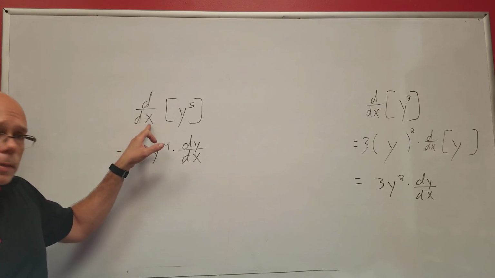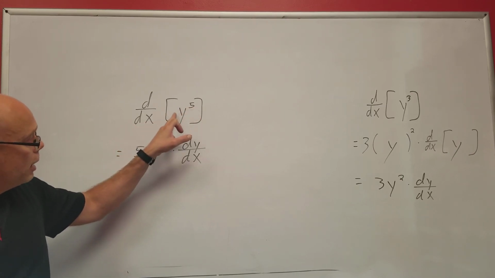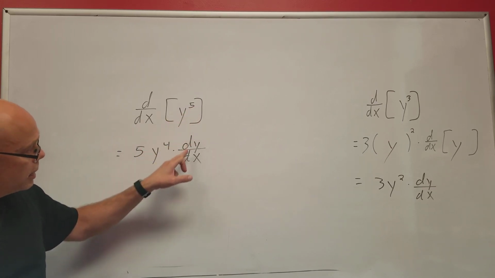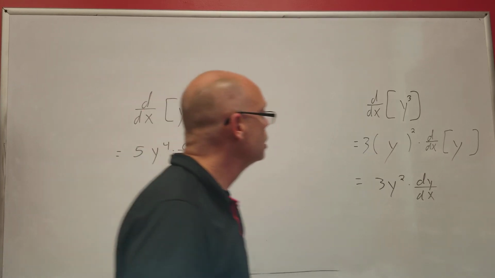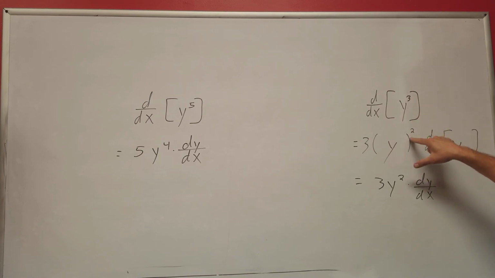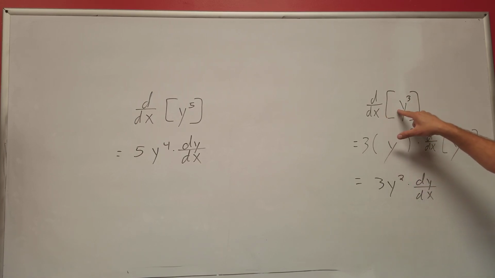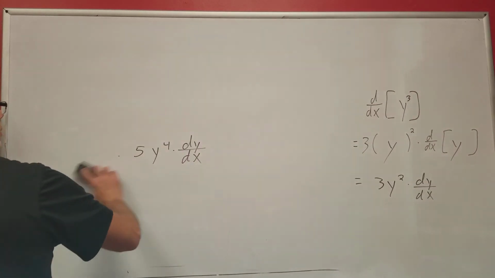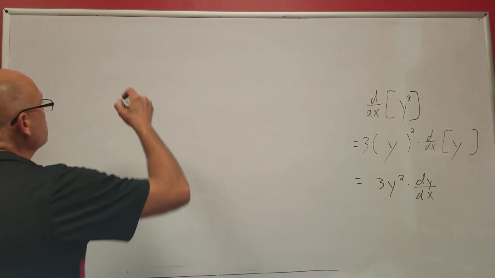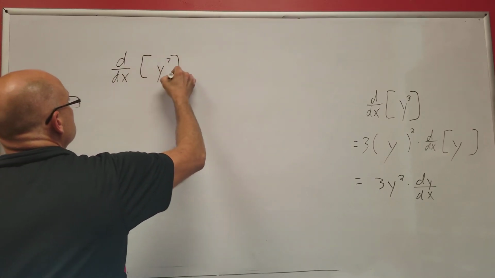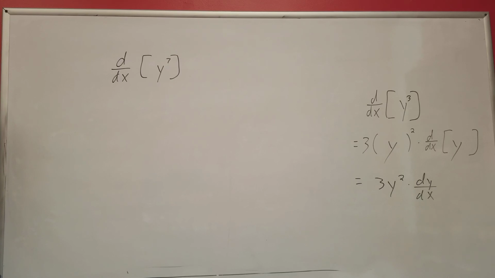When I take the derivative with respect to x of it, I put that 5 in front, reduce the power by 1, times the derivative of the inside part, dy over dx. This one follows the same pattern. I'm taking the derivative of y cubed with respect to x, so I'm going to say 3 times y to the second, times dy over dx. If we're following that same pattern, let's suppose y is a function of x, but this time I have the derivative with respect to x of y to the seventh. How do I take the derivative of that?